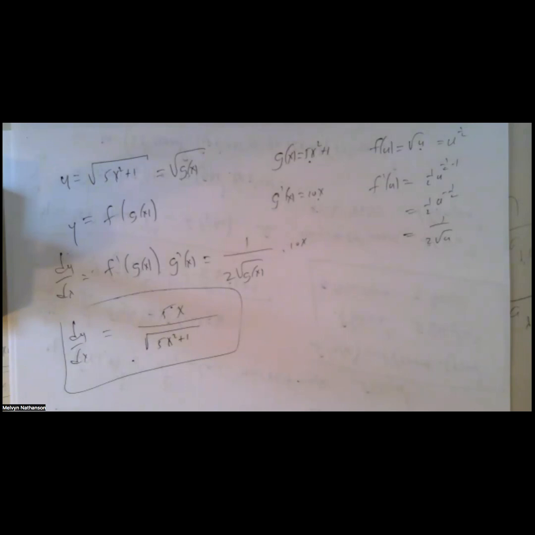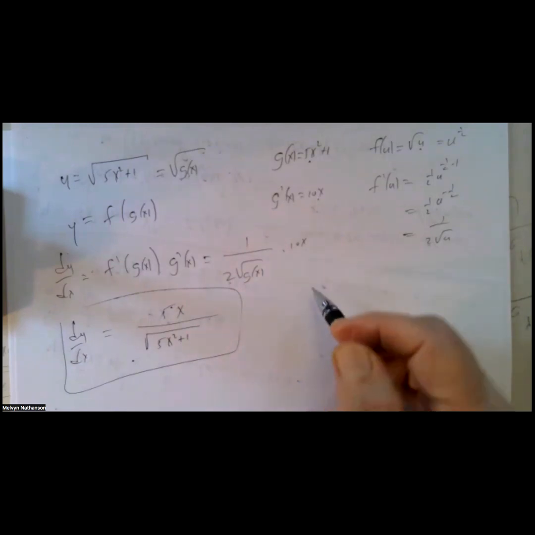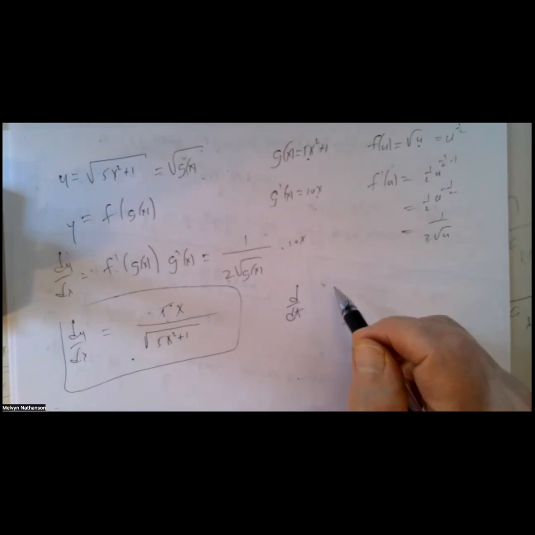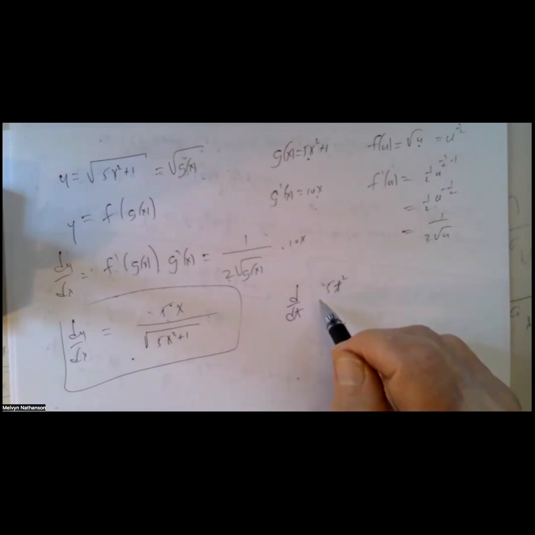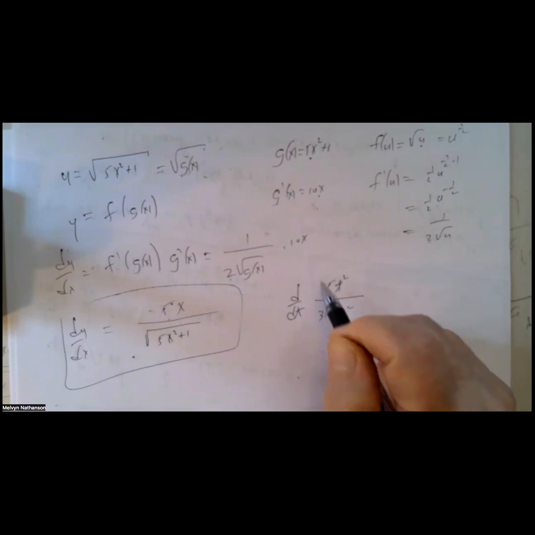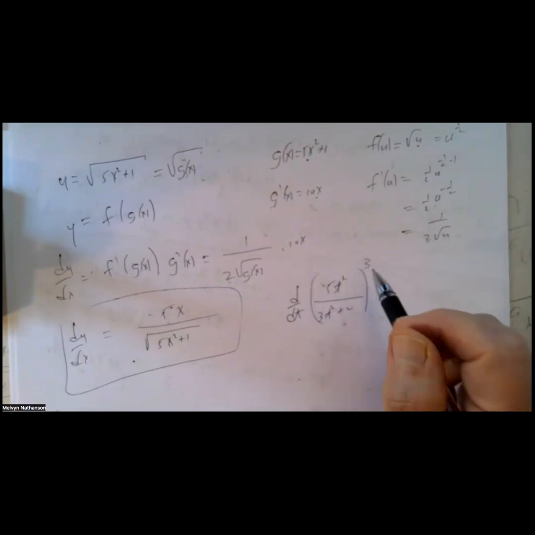Okay, so here's one more, which I would like you to do before I try to do it. Suppose I want to find the derivative, let me change the variable to t, of the function 5t squared over 3t squared plus 2, all cubed.